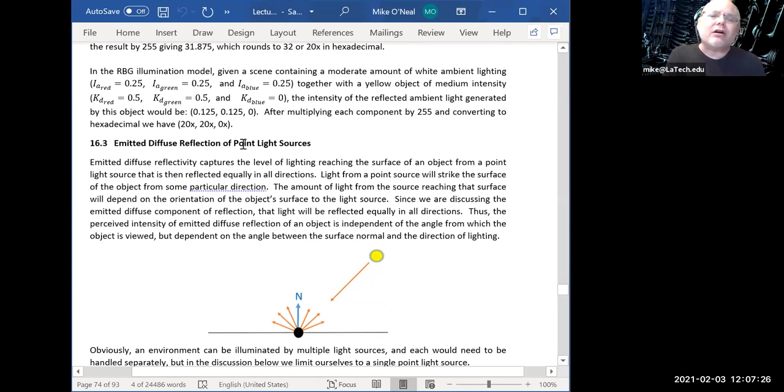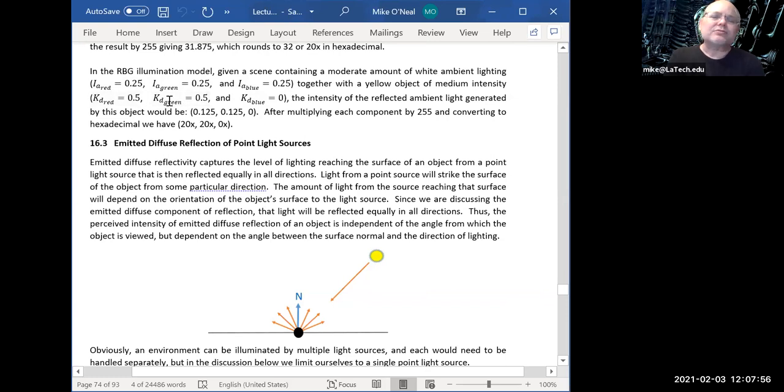Here I talk about, in the RGB illumination model, a scene containing a moderate amount of white light might have 25% ambient red, green, and blue, together with a yellow object of medium intensity, might be KD of 0.5 in red, KD of 0.5 in green, KD blue of 0.